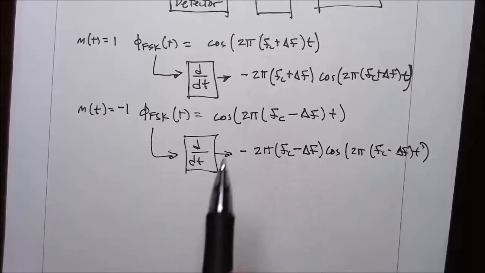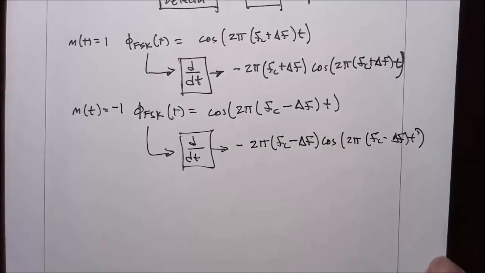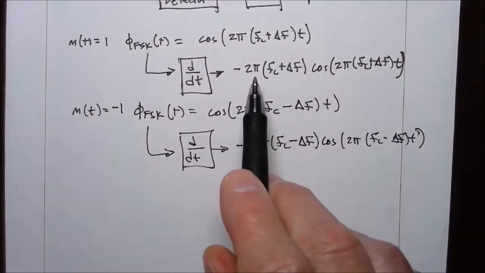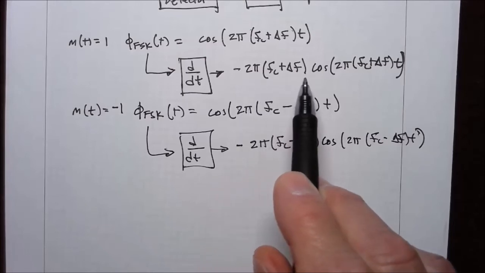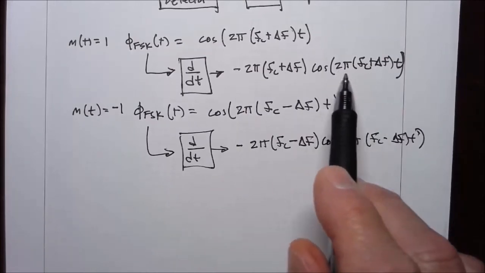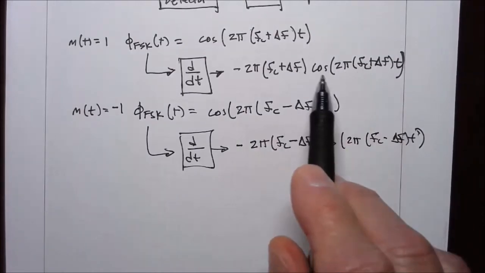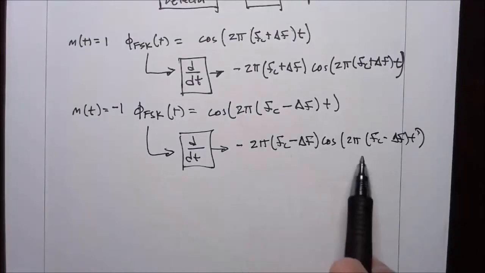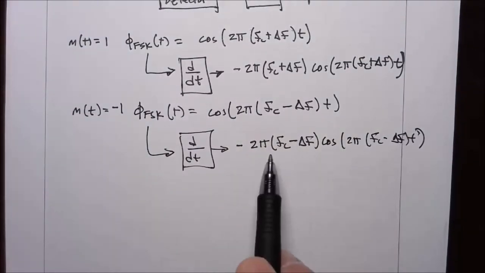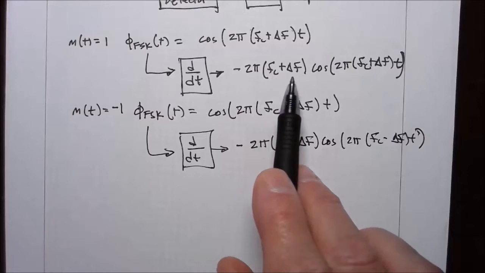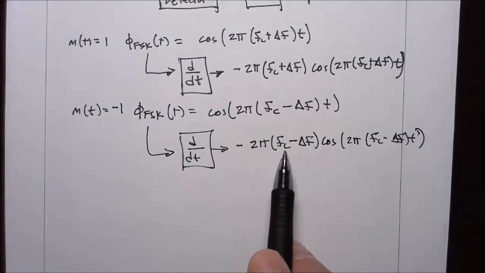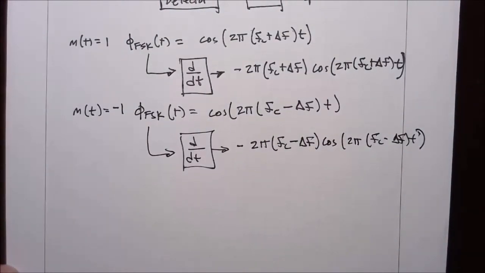The inversion is not of any significance to us. What is of significance is the fact that the higher frequency sinusoid has a larger amplitude than the lower frequency one, because we have fc plus delta f here, and this is fc minus delta f.